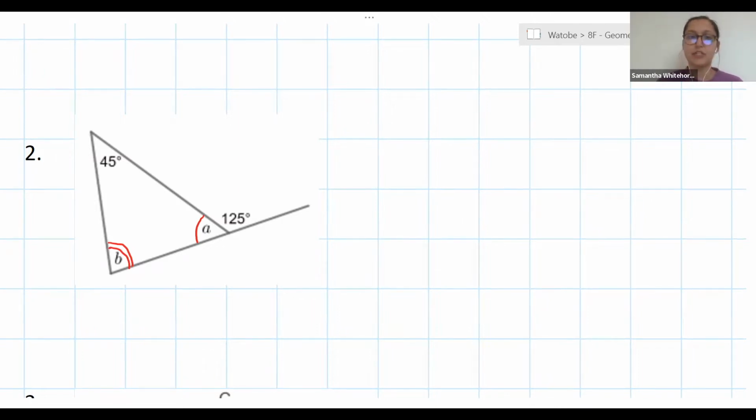And remember that just because you've done it one way doesn't necessarily mean that someone else has done it the same way. So there are different ways we can answer this question, but I'd like you to give a go at finding A and B. Okay, guys, remember those reasons.